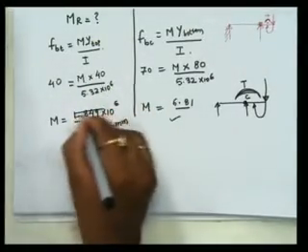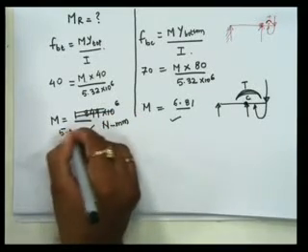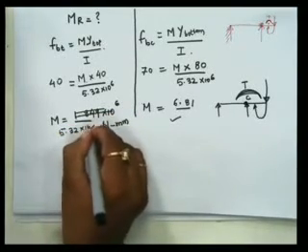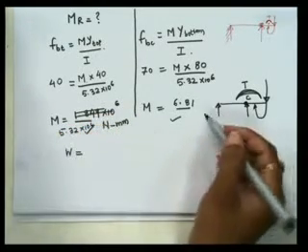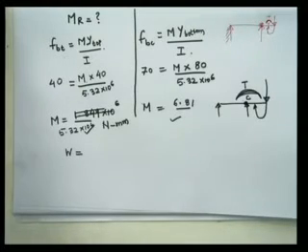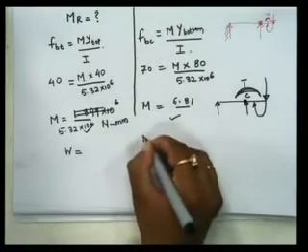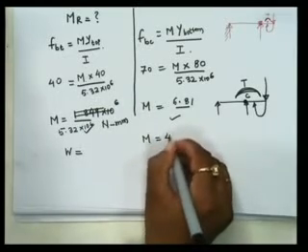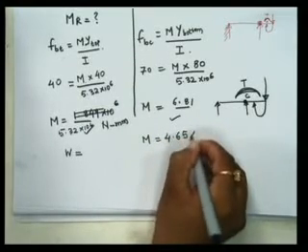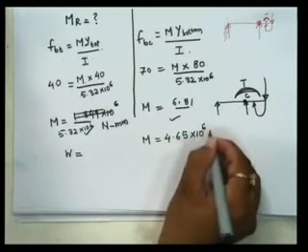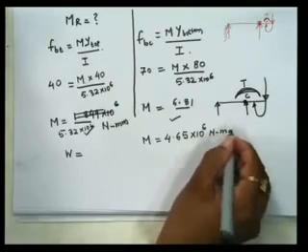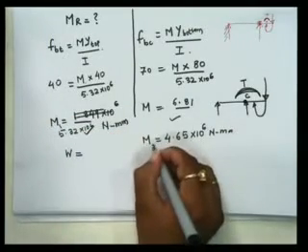Sorry, this will be 5.32 into 10 to the power 6, and this will be 70 upon 80 into 5.32. So this is 4.65 into 10 to the power 6 Newton mm. Okay, this is m1, this is m2.